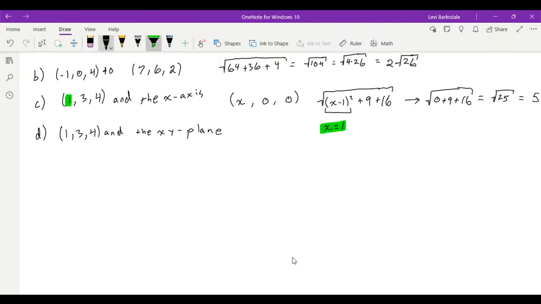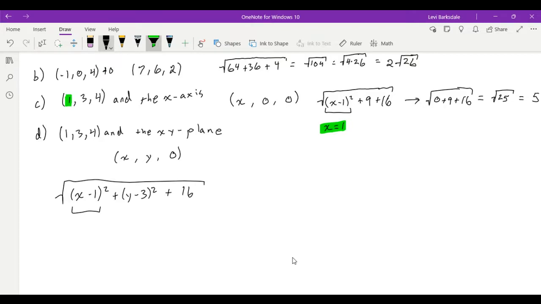For part D, we're going to use kind of similar thinking. Points on the xy plane take the form x, y, 0. So again, I can write out a similar square root equation. Here I have x minus 1 squared plus y minus 3 squared plus 0 minus 4 is negative 4 squared is 16. And again, I'm trying to make the distance as small as possible, which means each component needs to be as small as possible.